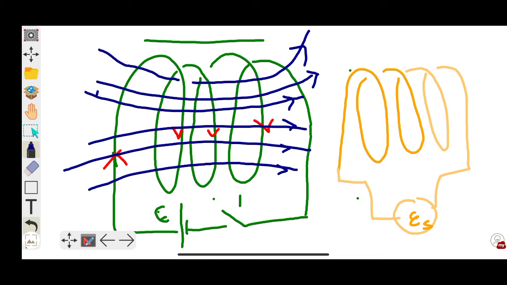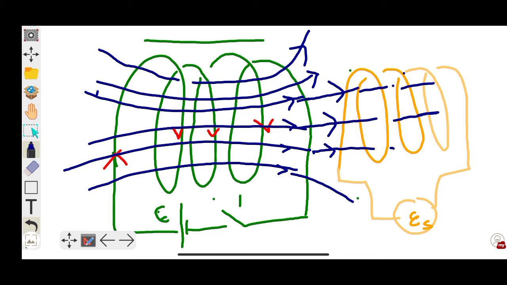Now this flux has the tendency to go through this coil also. Some lines, of course maybe not all the lines, but some lines are going through this coil, then we'll say that this coil is subjected to change in flux. And if it is subjected to change in flux, then what will happen?